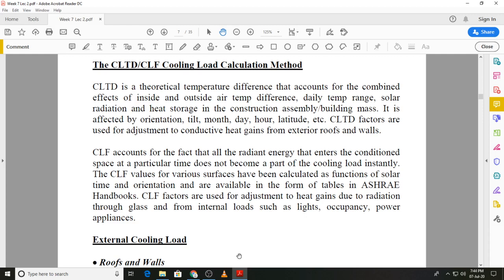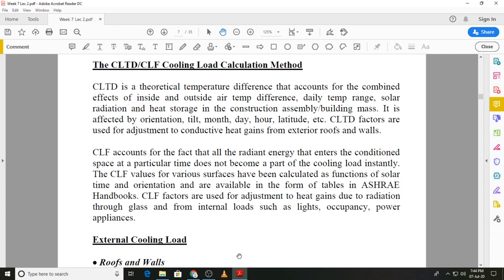In addition to that, the amount of solar radiation that is incident on a surface also does not remain constant. It is also dependent on a number of factors. That means it will vary. Even if you are at the same location, it will vary during various times of the day. There will be a yearly variation, daily variation, hourly variation.